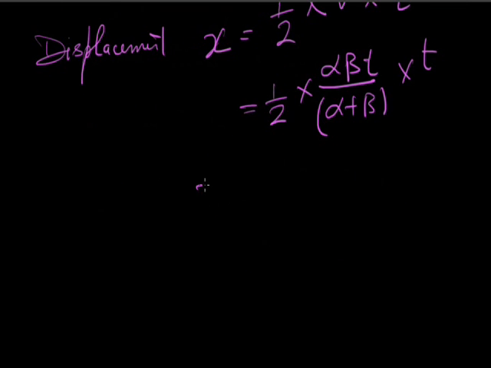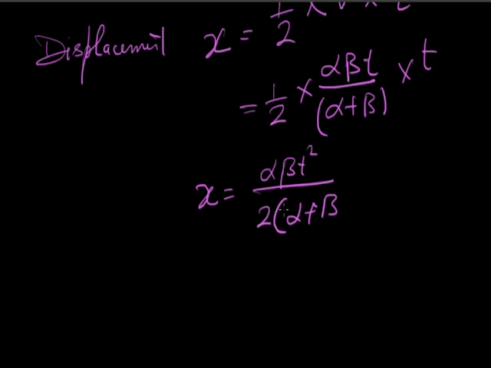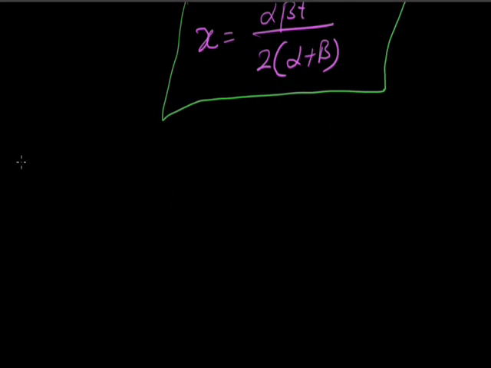So the distance covered x is equal to alpha beta t square upon 2 into alpha plus beta. This is the displacement.